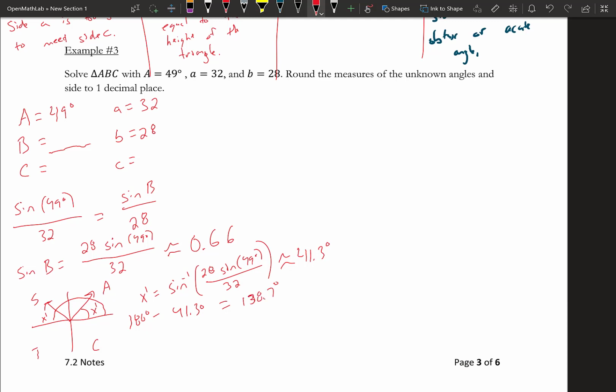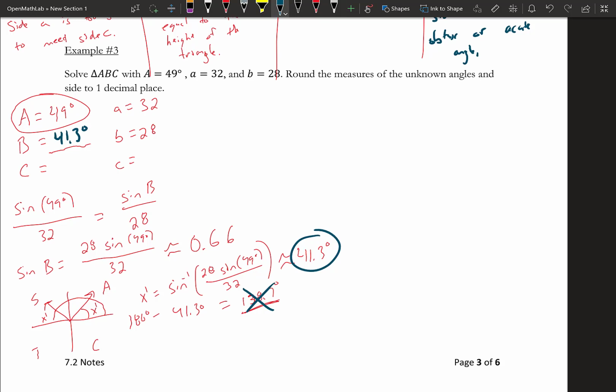So those are the two possibilities. But notice if I take 138.7 and add it to the angle I already know, 49 degrees, that's going to bump me over 180 degrees. So this one doesn't make sense. This one can't be possible because we're stuck in a triangle, so we need to throw that one out. In this case, the only possibility for angle B is 41.3 degrees.